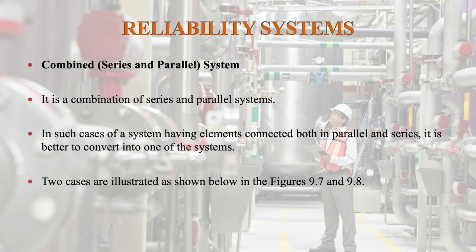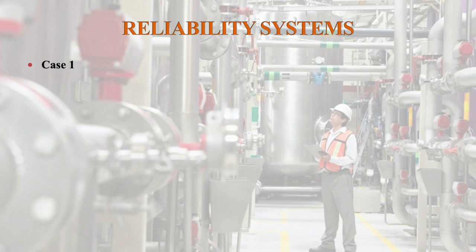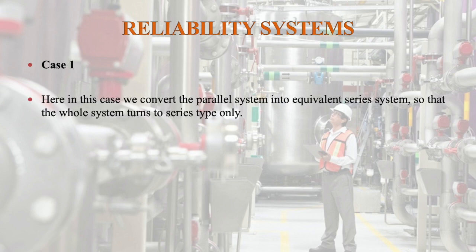Students, you have to see the units also for the figures. Here also some figures are given, but not all figures. So please see the units also. So case 1, here in this case we convert the parallel system into an equivalent series system, so that the whole system turns to series type only.